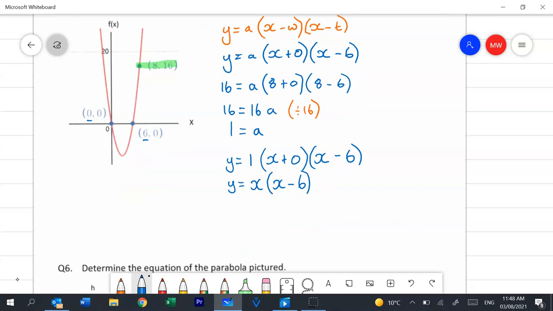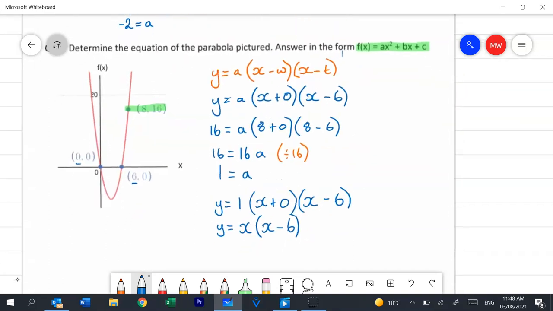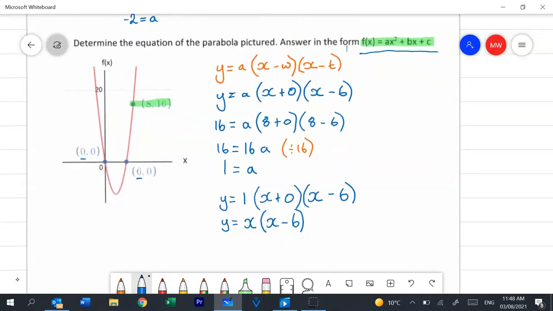Now that's where we finished all of our other questions, but remember that this question wanted it in this form here. So what we'll do instead is write it as f(x) instead of y, and then expand it to x squared minus 6x. Don't worry that there's not a constant on the end. Remember, that's 0, but we wouldn't write it. So this will be our final answer.